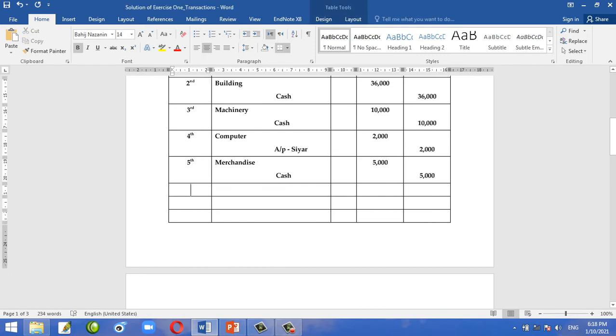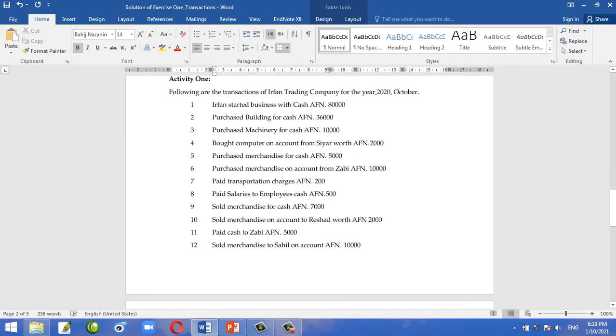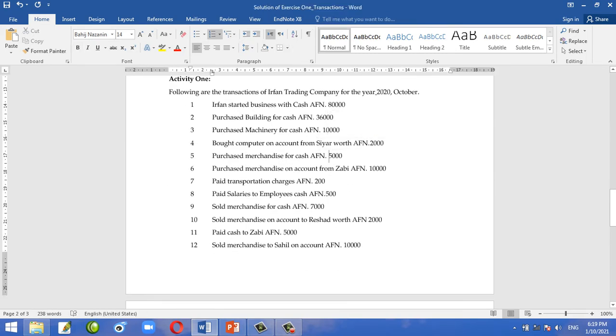Now here we can record that on 6th of October we have received merchandise, but will give the money in the future. It means we are responsible, or we are accounts payable, to Zabi. We will pay the money to Zabi.